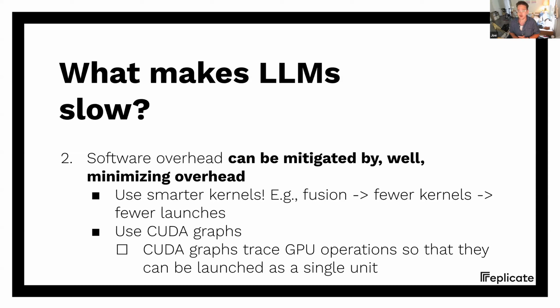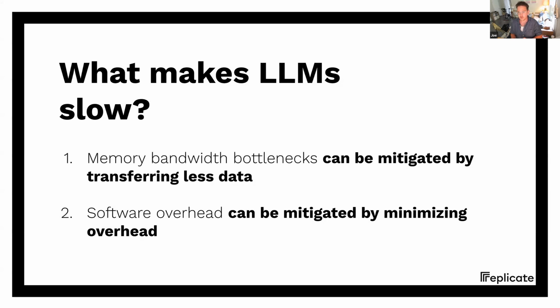But in general, CUDA graphs are a really useful way to make a substantial impact on the software overhead. So these are the two main bottlenecks for transformers. Transformers are slow because of memory bandwidth bottlenecks and because of software overhead. And almost all of the transformer optimization efforts boil down to mitigating these two bottlenecks, often with some combination of the things I just mentioned.